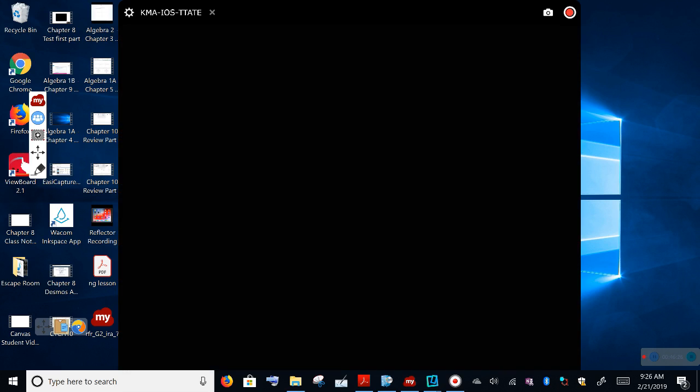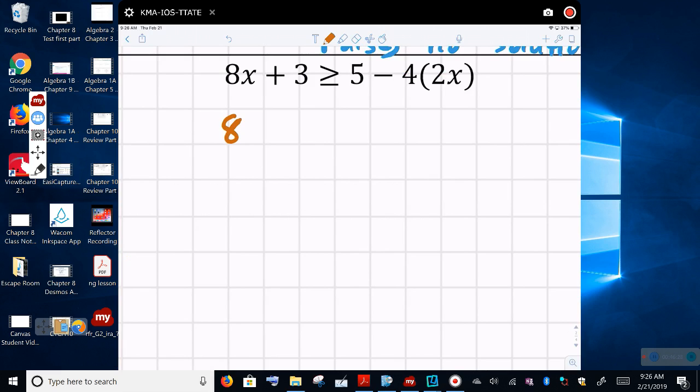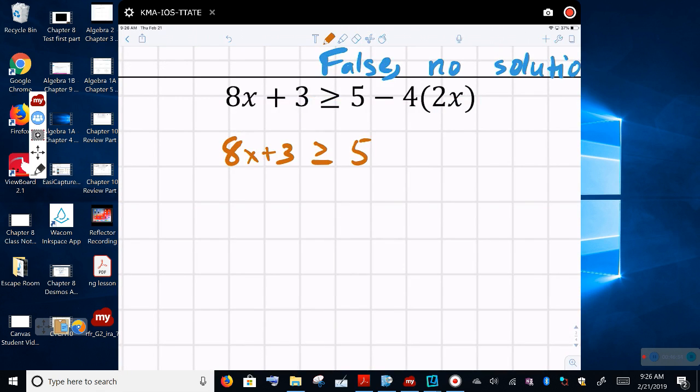Okay, I've got 8x plus 3 greater than or equal to 5, and the first thing I had to do was multiply that negative 4 and then 2x. So I'm just going to get a negative 8x. You really have to be careful here, because sometimes students turn this into a no solution or infinitely many solutions by accident.